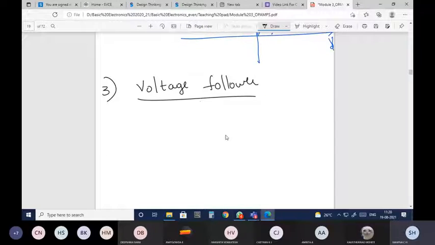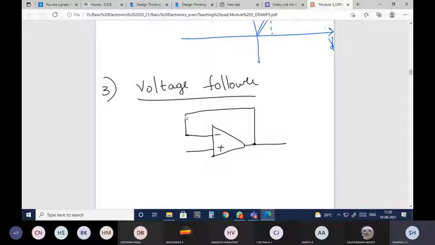You need to remember again, minus and plus. In a voltage follower circuit, whatever input you give should appear at the output. This is the inverting terminal and this is the non-inverting terminal. I will short the inverting terminal and the output terminal. This is V0, and here I will provide the input.